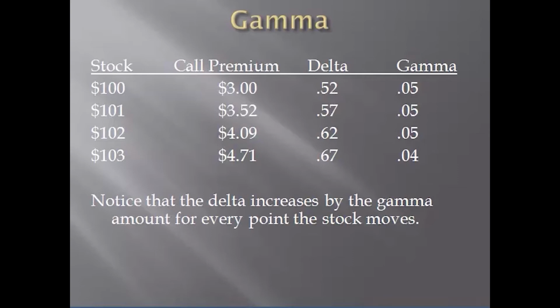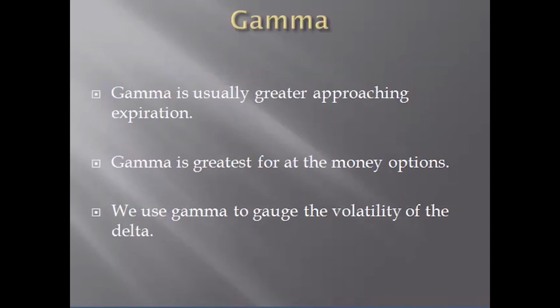One thing to keep in mind here is that notice how the gamma is going down as that stock goes up. There is a reason for that, and we'll get to it in just a second. Gamma is usually greater when you approach expiration.